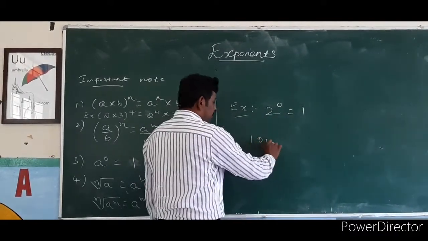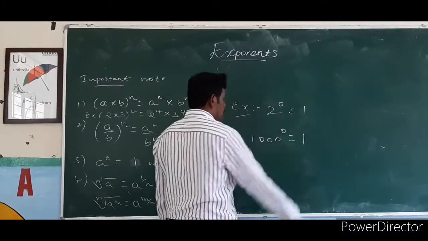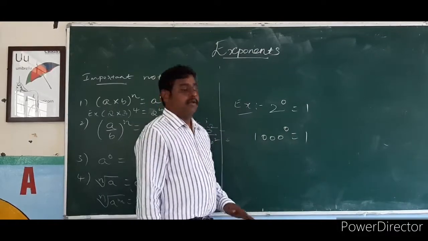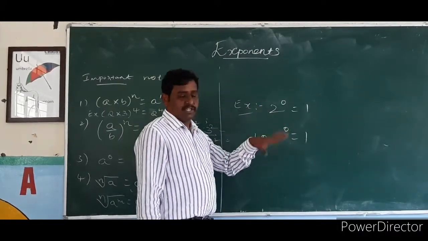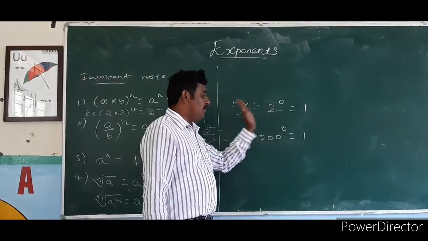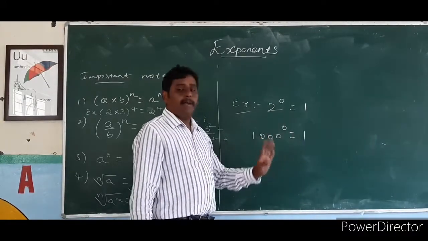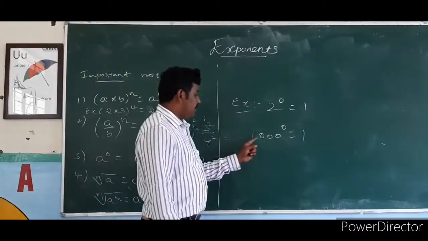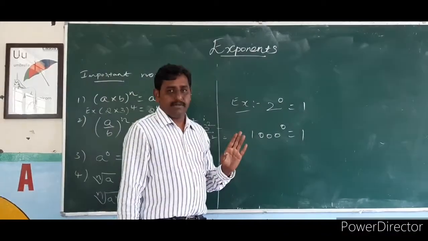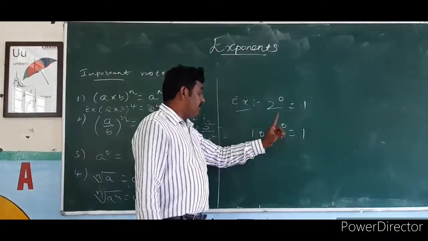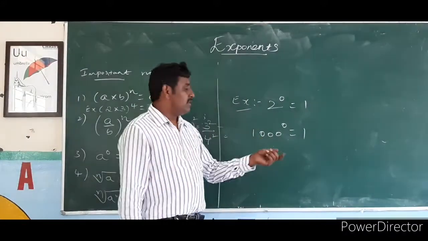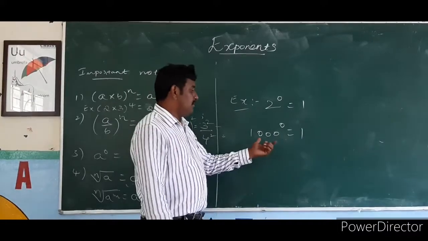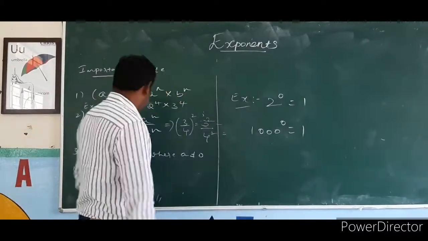If you take 1000 to the power of 0, it is 1. You can consider any base, nothing to worry. When the power is equal to 0, the entire value of that exponential will be equal to 1.